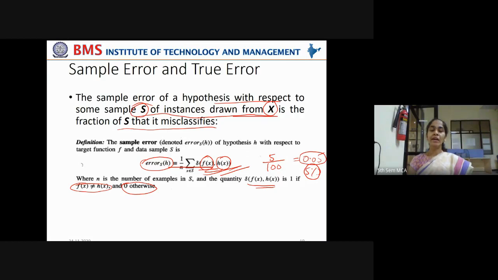Sample error is the average of all the errors made. Right? No, sorry. Rather than average, we should say ratio of the errors made. Means how many errors are made by total number of predictions made, or by total number of examples that are given, training examples that are given. So that is 0.05. That is called the sample error.